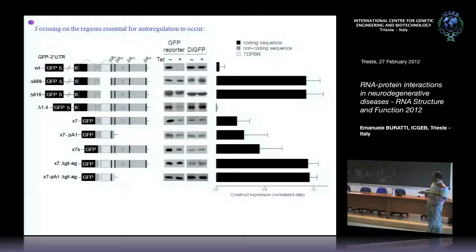The only mutants in which you really fail to get any autoregulation whatsoever are the mutants where we actually remove the possibility of intron 7 splicing.